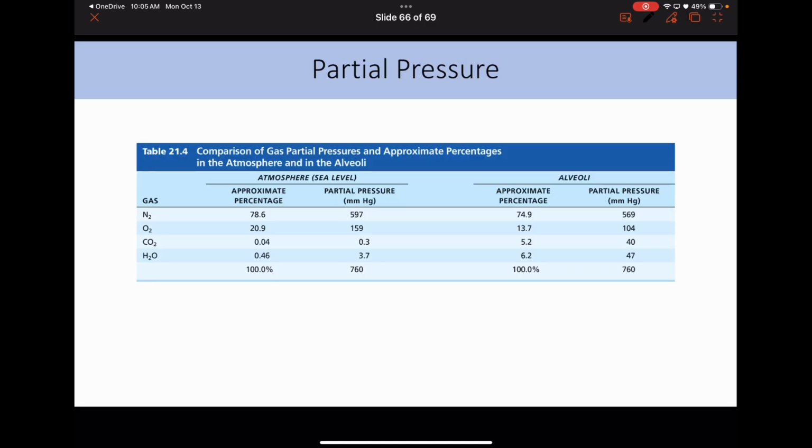All right, the last thing we're going to talk about is partial pressure. And the part on respiratory volumes, we're going to save that for Wednesday. But partial pressure, it's a little bit of math, but it's not too bad. So first of all, we have something called Dalton's Law.